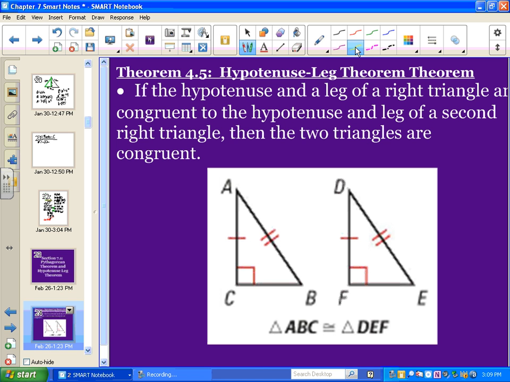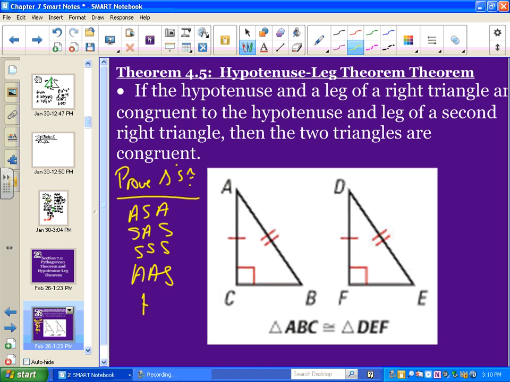So this theorem is another justification for us to prove triangles congruent. Just a reminder, to prove triangles congruent we have angle-side-angle, side-angle-side, side-side-side, and angle-angle-side. Now adding to that, we have hypotenuse leg, which is abbreviated HL.